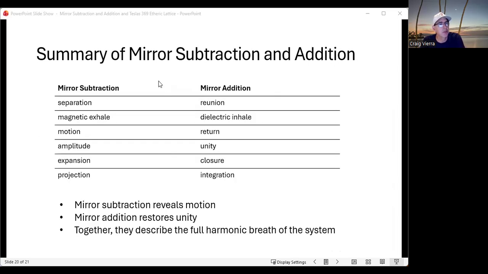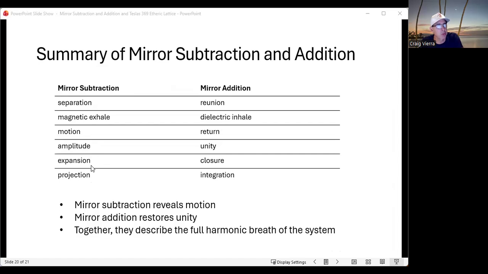I tried to summarize the mirror subtraction and addition. Mirror subtraction is where we have separation. This is the magnetic exhale. We're subtracting the two numbers from one another, and so it's a phase differential. It deals with motion. There's amplitude involved, expansion, projection.